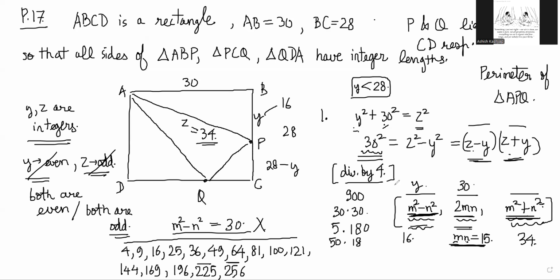Because I know that Pythagorean triplets can also be formed in this way, and I already know one of them is 30. So I use that to guess what m and n will be, and from there I can make my other two numbers. You can check that 16 square plus 30 square is 34 square. 256 plus 900 is 1156, which is 34 square, right?